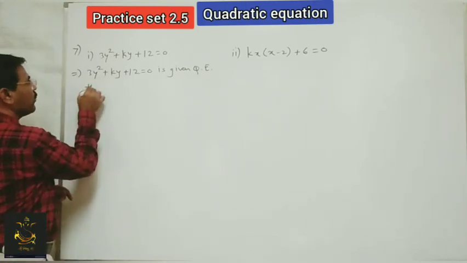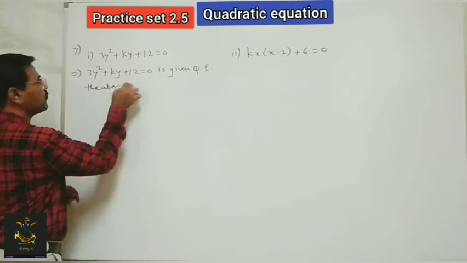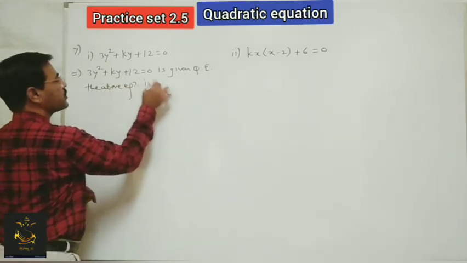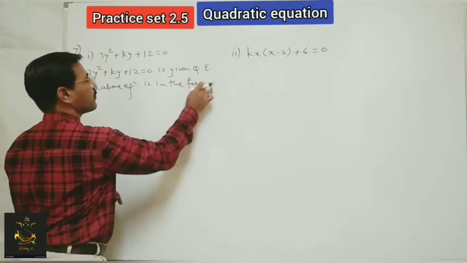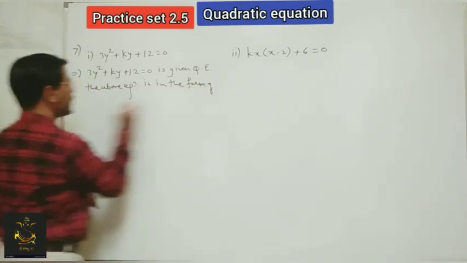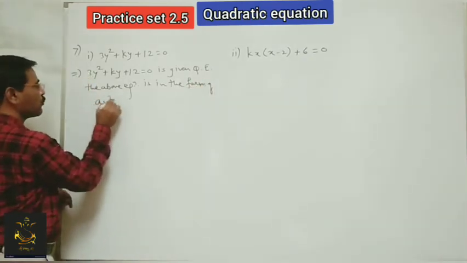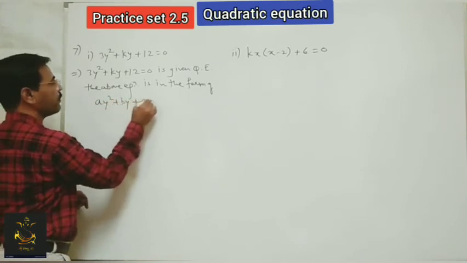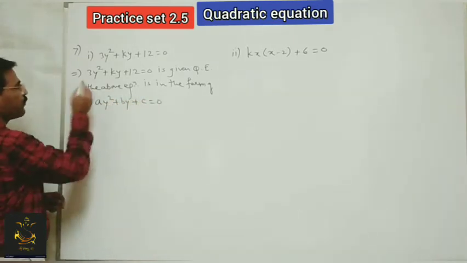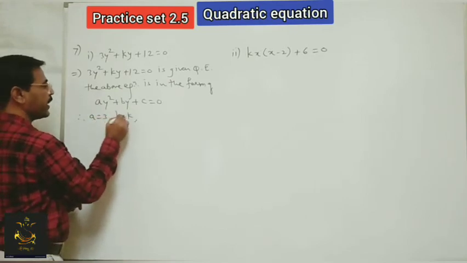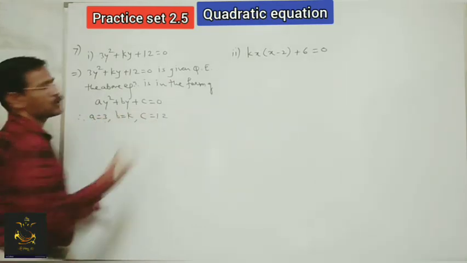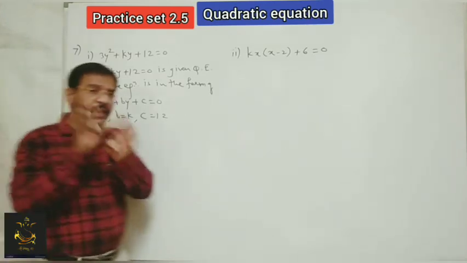The above equation is in the form of ay square plus by plus c equal to 0. Therefore, a is 3, b is k, and what about c? That is 12.